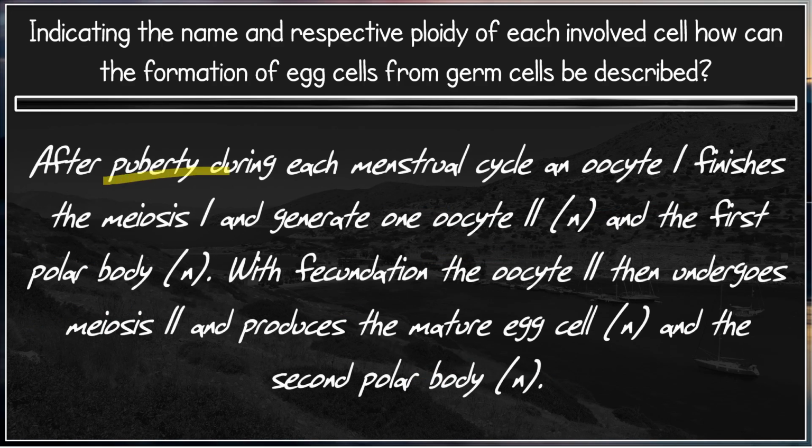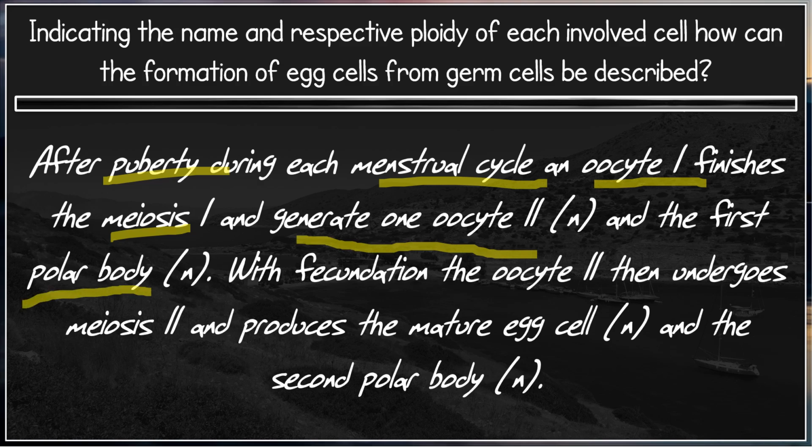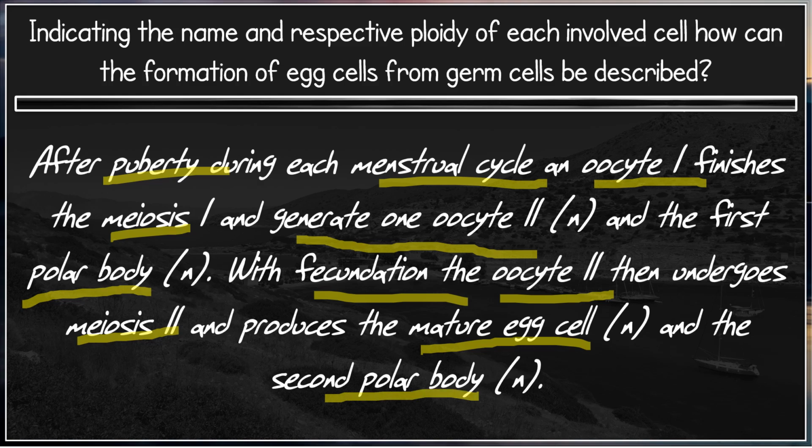After puberty, during each menstrual cycle, the oocyte 1 finishes meiosis 1 and generates one oocyte 2 and the first polar body, N. With fecundation, the oocyte 2 then undergoes meiosis 2 and produces a mature egg cell, N, and a second polar body, N.